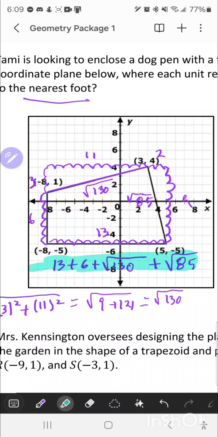We'll use our calculators, since our minds don't know how to add the square root of 130 and the square root of 85.